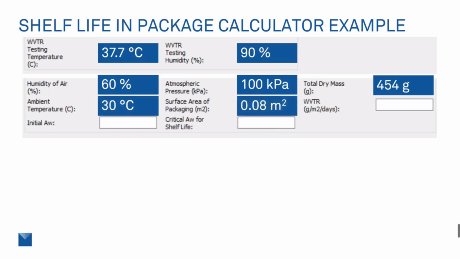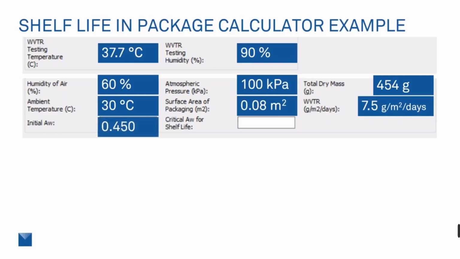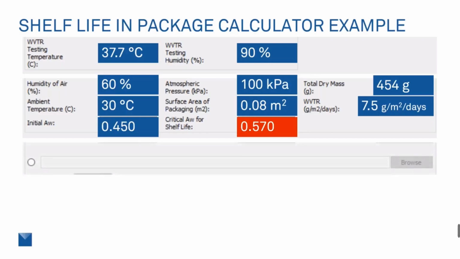You calculate the packaging area or the surface area for your product, and that your current packaging has a water vapor transmission rate of 7.5. Next, you input your initial water activity, so in this case about 0.45, and then finally you enter that critical water activity, which we calculated using the second derivative of the isotherm, which was 0.57.